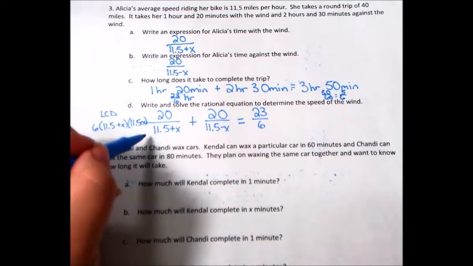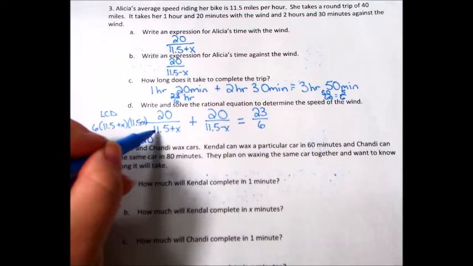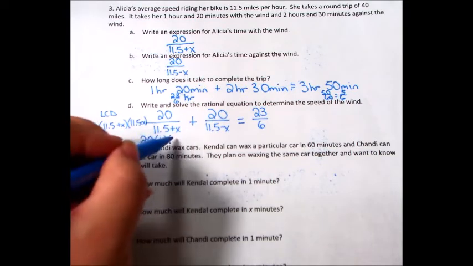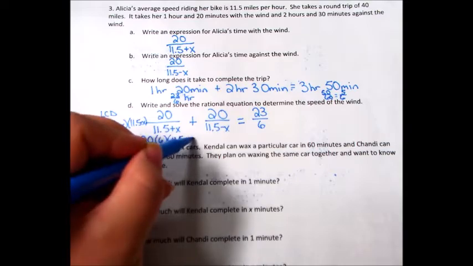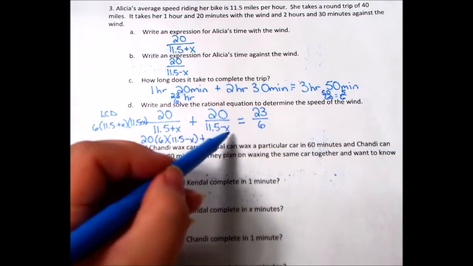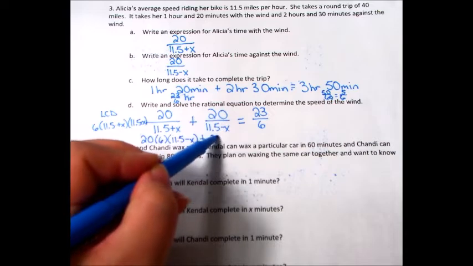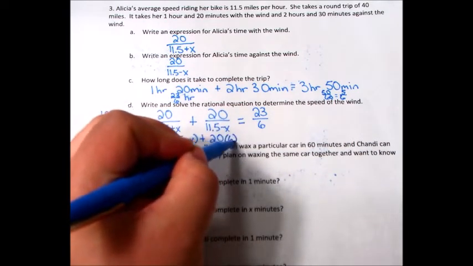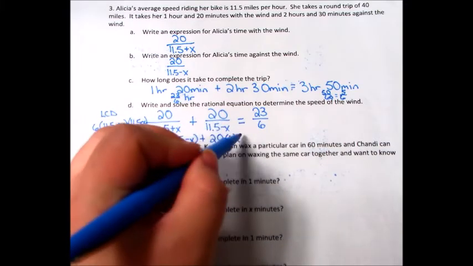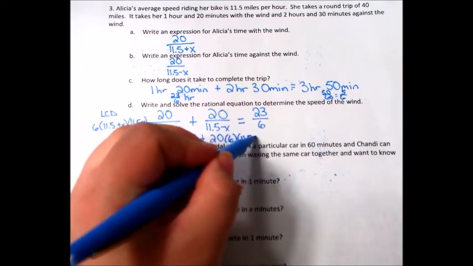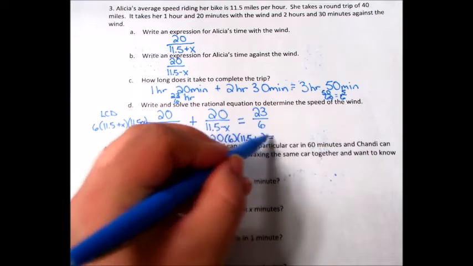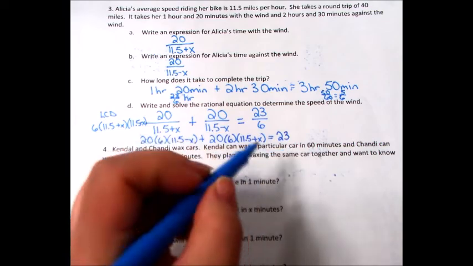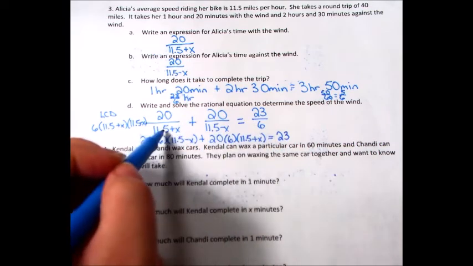The denominator is missing a 6, and it's missing an 11.5 minus x. In the next fraction, we have a 20 in the numerator. It's missing the 6, and it's missing an 11.5 plus x. And the final fraction has a 23 on top. It has the 6, but it's missing both the 11.5 plus x and the 11.5 minus x.